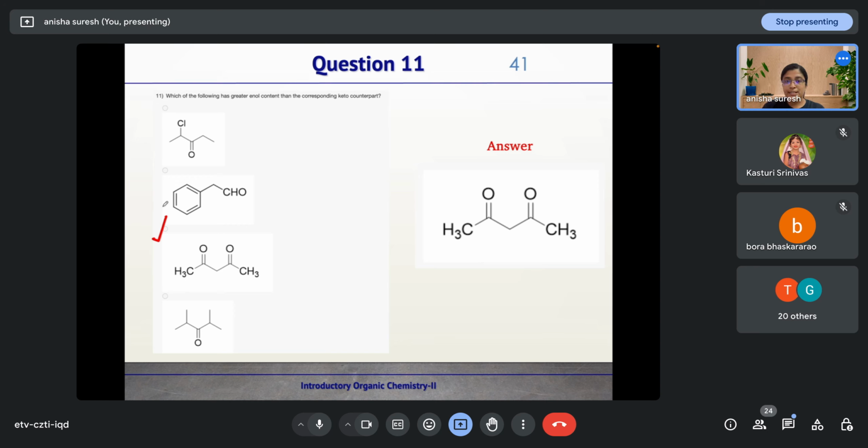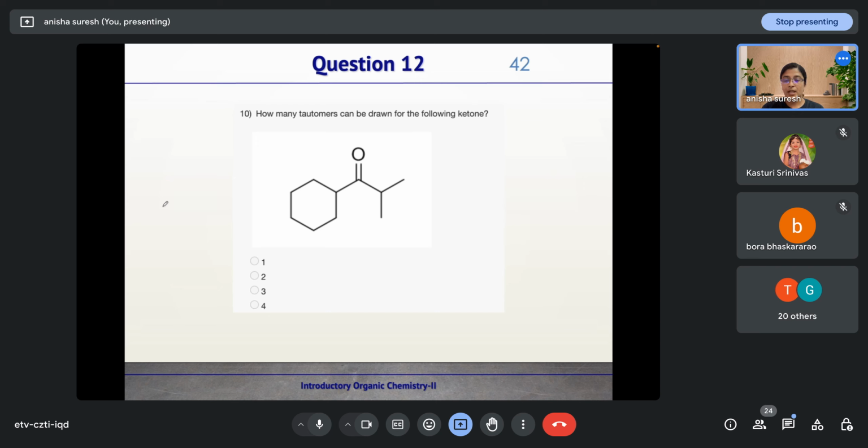There are no doubts. Let's move to question number 12, which is the last question of today's set. How many tautomers can be drawn for the following ketone? How many keto-enol tautomers could be drawn for this ketone?